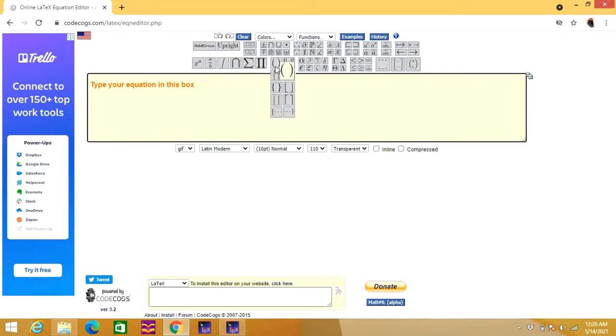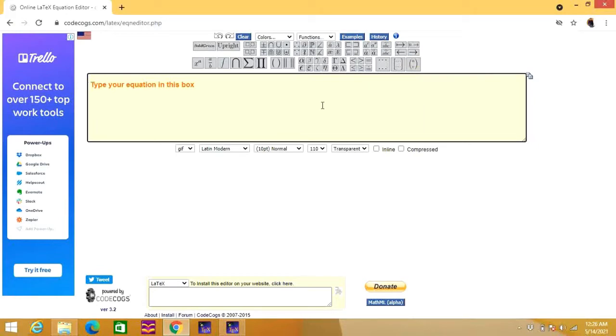If you want different types of brackets, you can go for that. Different types of symbols you will get from here. Relations like equal to, greater than or equal to, less than or equal to, etc., are from here. If you want matrices or modes, etc., you can take them from here.